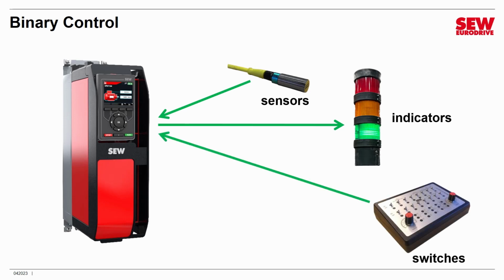And then there are switches, like, for example, the control box on our demo unit, and of course, all kinds of other switches. As long as these are wired up correctly to a 24-volt power supply, they too can communicate with the digital inputs and trigger all sorts of things. Modes of operation, speed set points, acceleration ramps, direction. They can signal errors and faults.